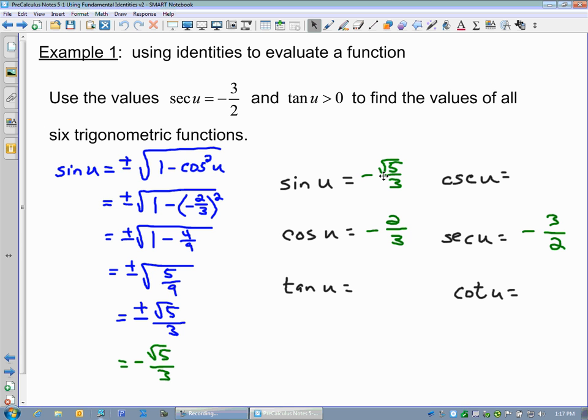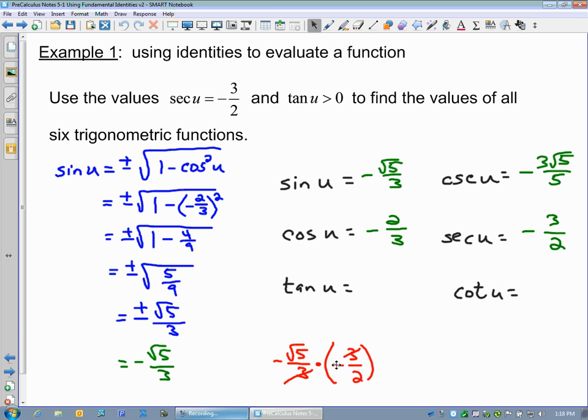which means once we know that, we can easily find the cosecant. We simply reciprocate. This time, though, we're going to have to rationalize, so don't forget to rationalize. So it's 3 root 5 over 5. And now to find tangent, we're simply going to do sine divided by cosine. And if you want to see the side work, here it is. Remember, when you divide by a fraction, it's the same as multiplying by the reciprocal.